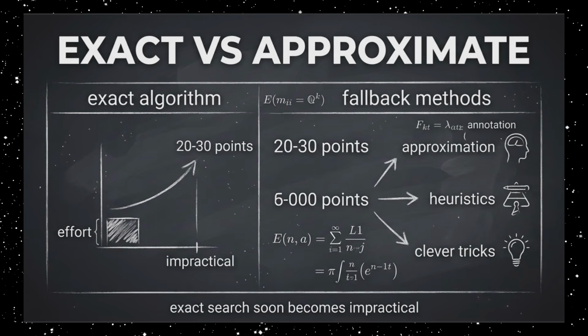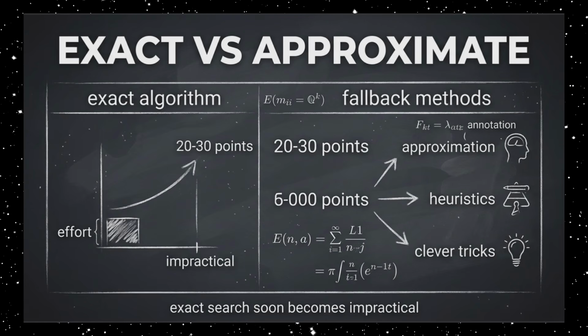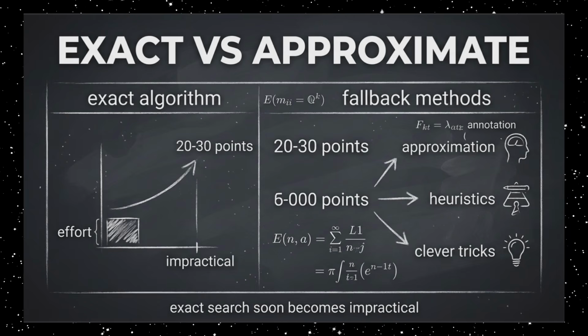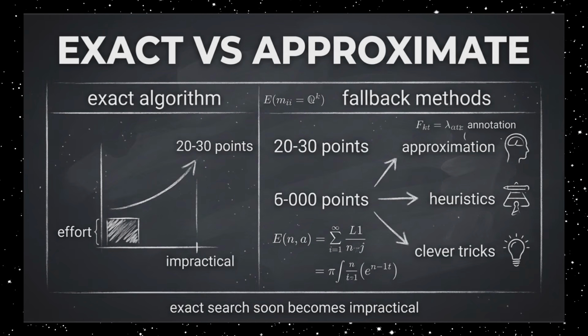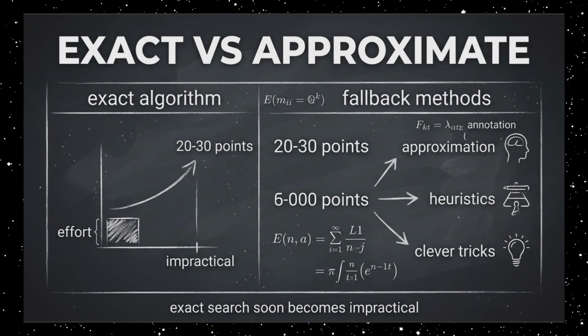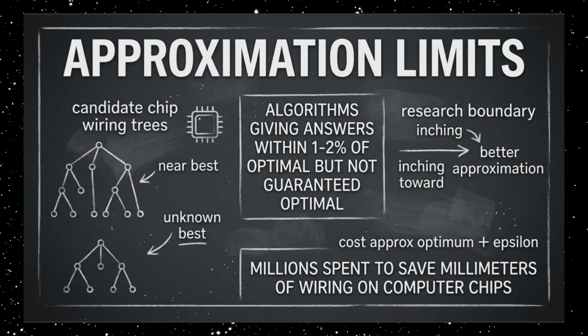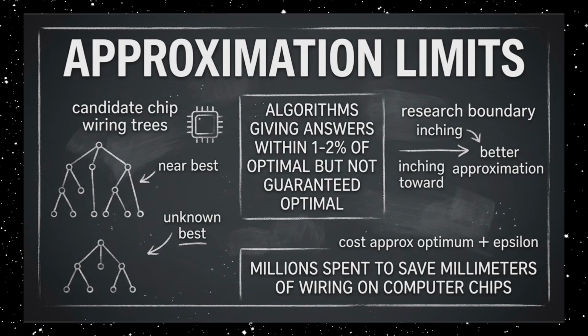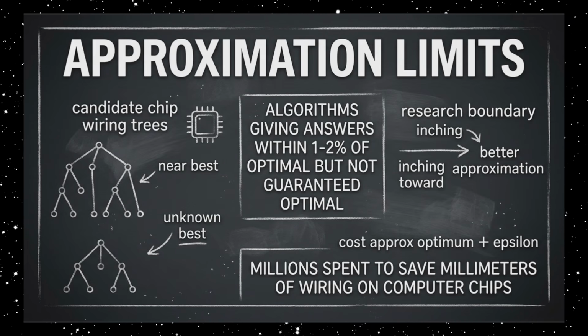To give you a sense of scale, the best exact algorithms for the Steiner tree problem can handle maybe 20 to 30 points before the computation time becomes impractical. Beyond that, researchers resort to approximation algorithms, heuristic methods, clever tricks that get you a good answer, maybe within 1% or 2% of optimal, but that can't guarantee they found the best one.